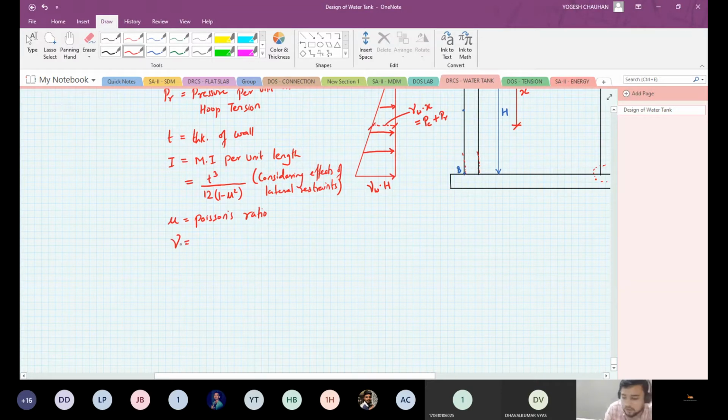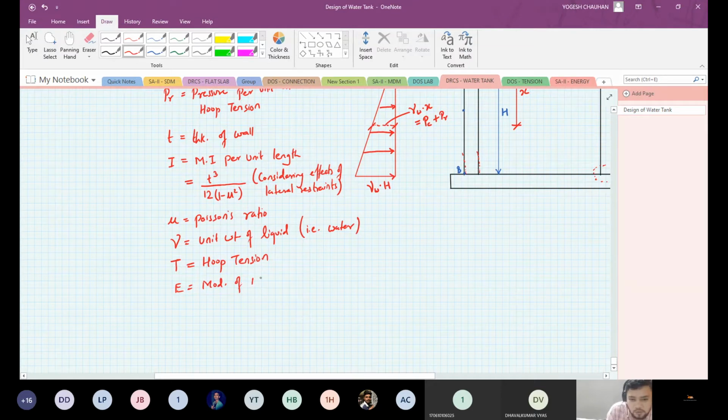Let gamma w be the unit weight of the liquid, which in this case is water. Let T be the hook tension, and E be the modulus of elasticity of concrete.